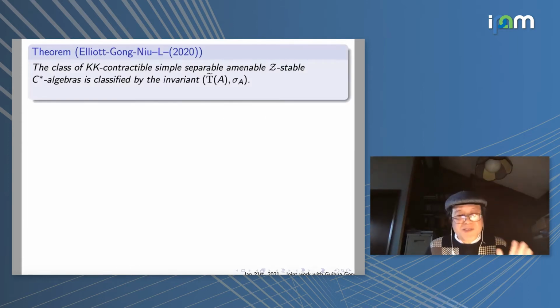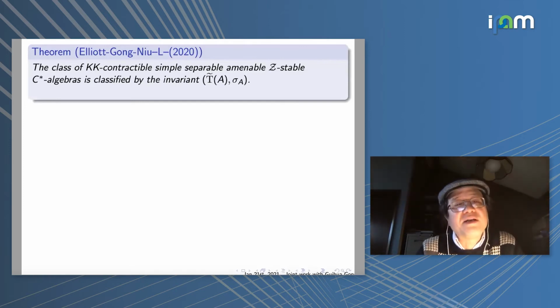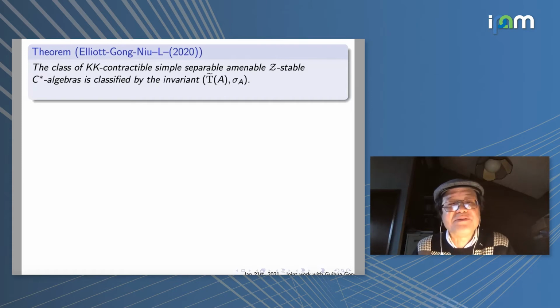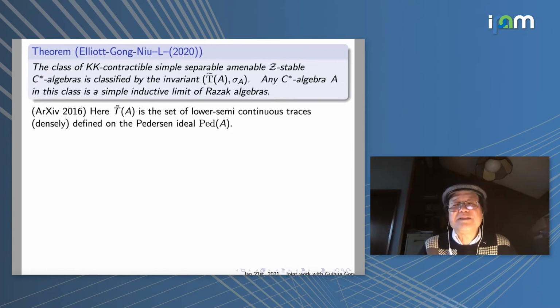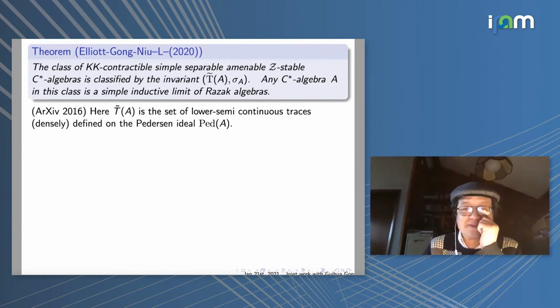But these also can be classified, and you start with this classification theorem of Elliott, Gong, and Li, and now it's published. So the class of KK-contractible simple separable amenable Z-stable C-star algebras is classifiable. It's classified by the invariant T tilde and sigma A, and any C-star algebra in the class is actually an inductive limit of Razak algebras, which I will not really describe today.